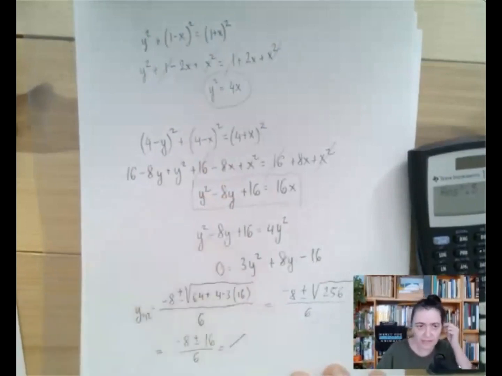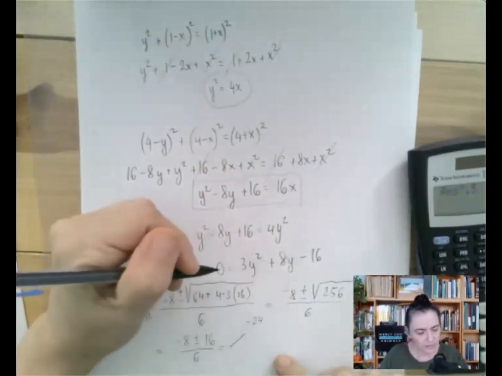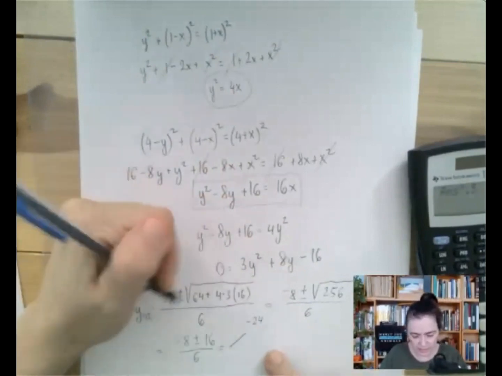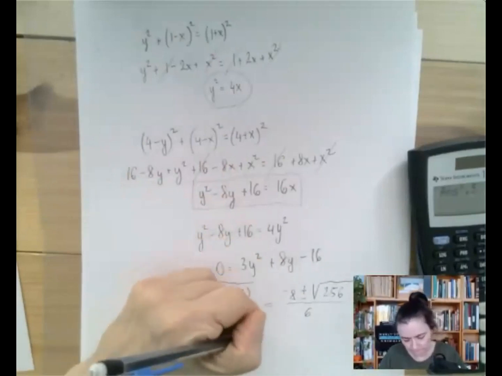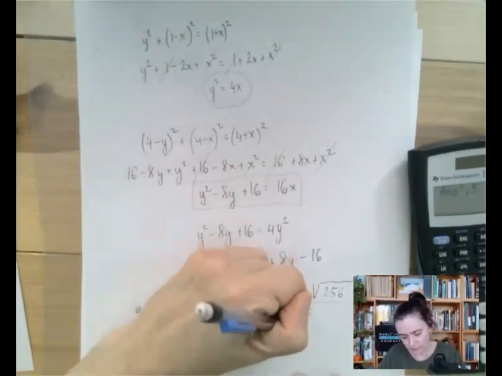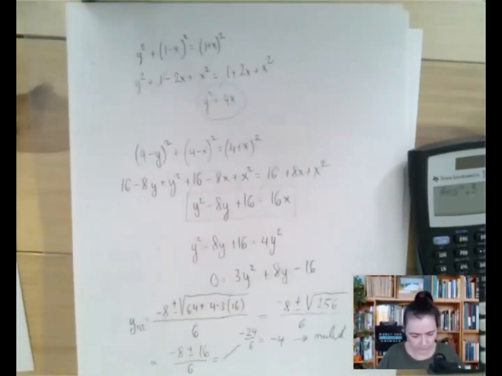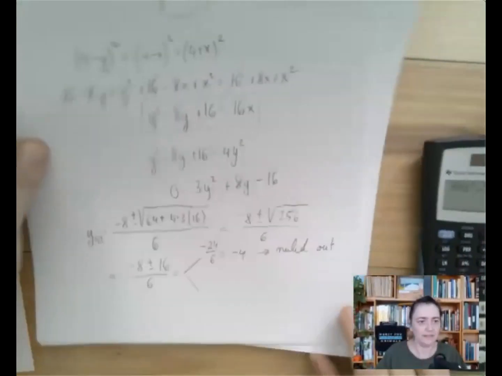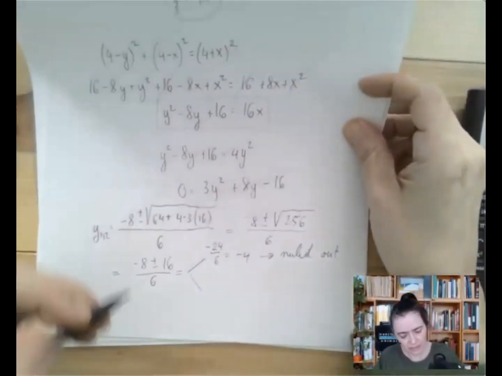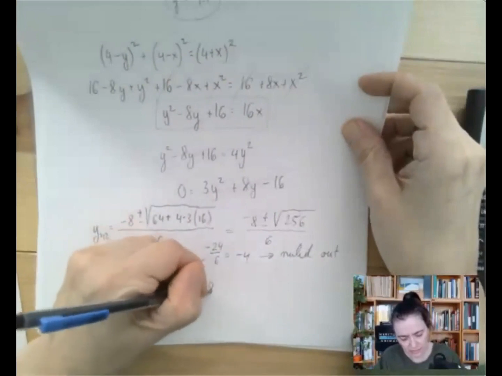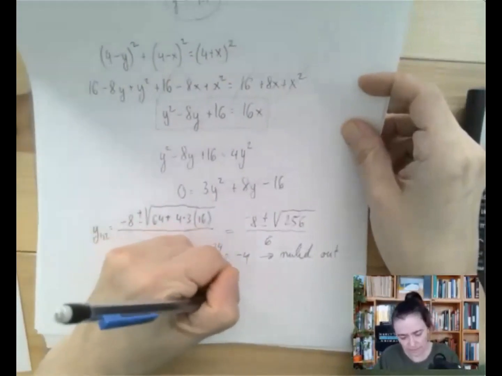When we use the minus, we get clearly a negative number. So that's the one we are not interested in because x and y both are distances. So let's get that out of the way. Negative 4, that one is ruled out. And then the other one that's going to be hopefully the solution is negative 8 plus 16. That's 8 over 6. That's just 4 over 3, isn't it?